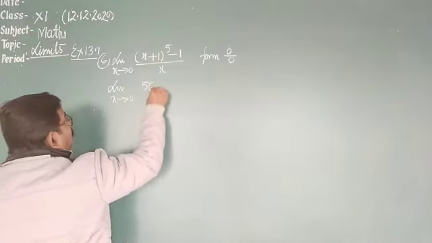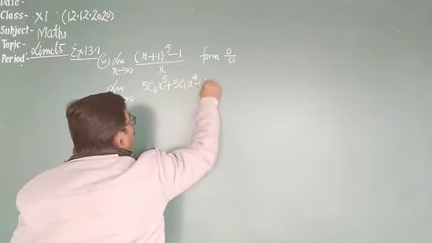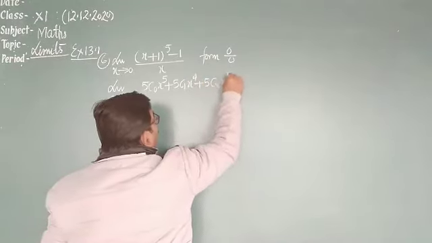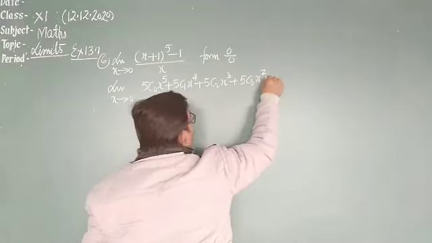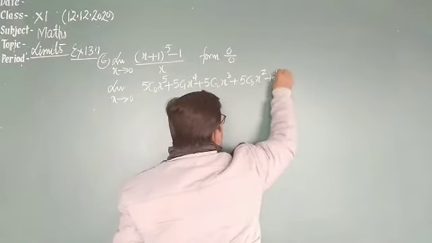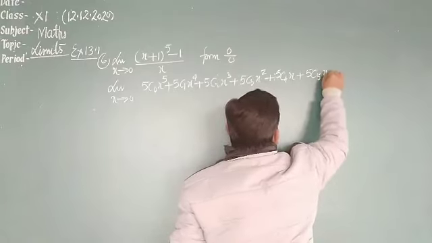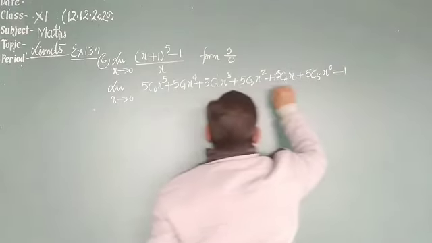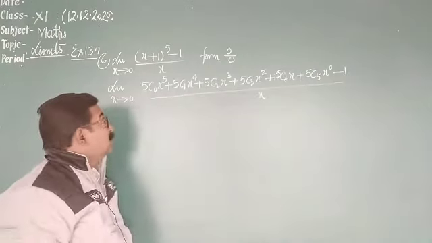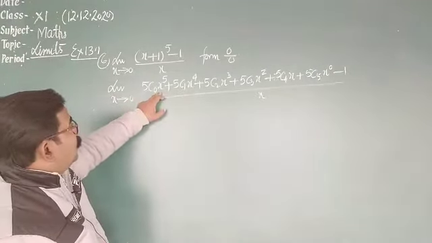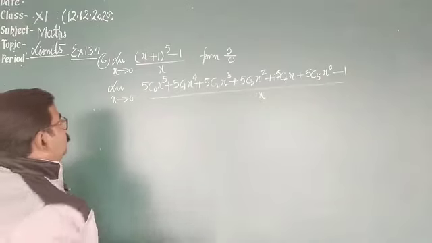See, this is 5C0 x to the power 5 plus 5C1 x to the power 4 plus 5C2 x to the power 3 plus 5C3 x to the power 2 plus 5C4 x plus 5C5 x to the power 0, then plus 1 minus 1, upon x. See, 5C0 means its value is 1.